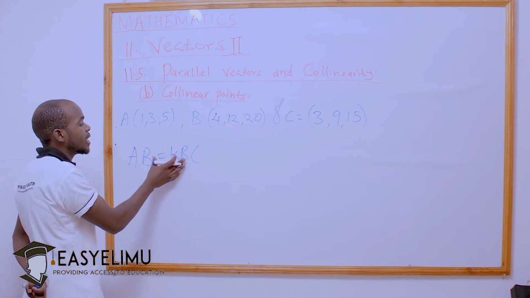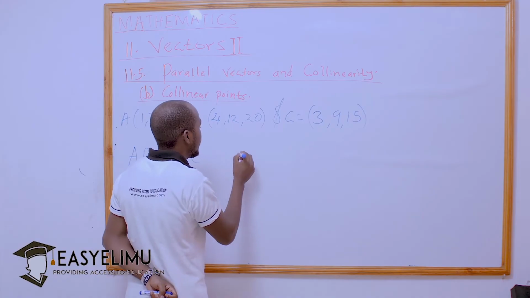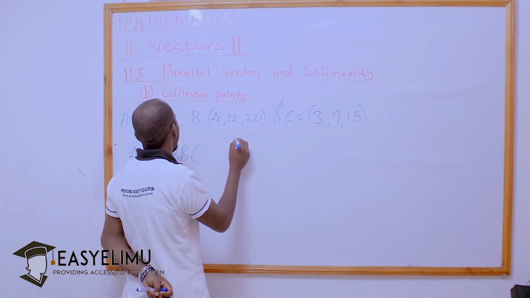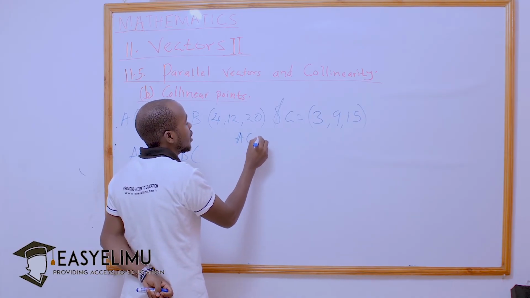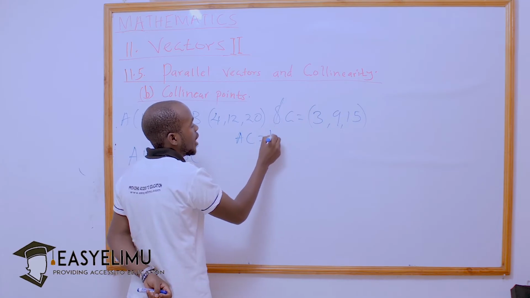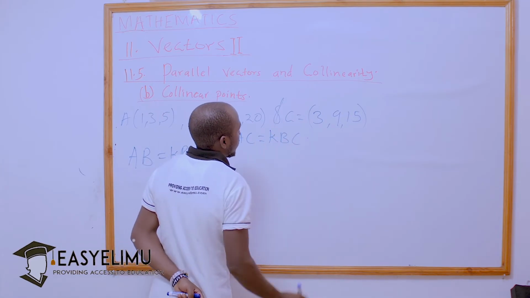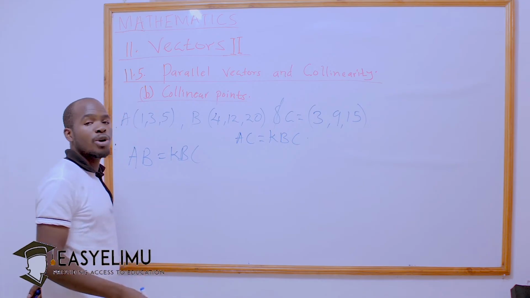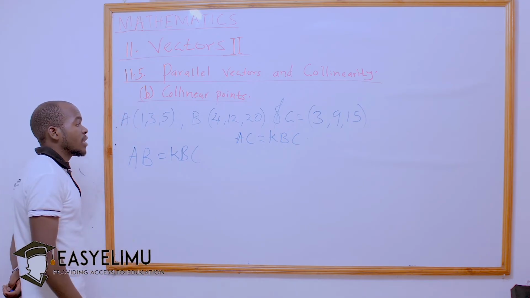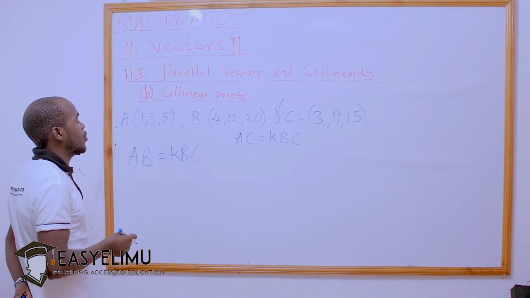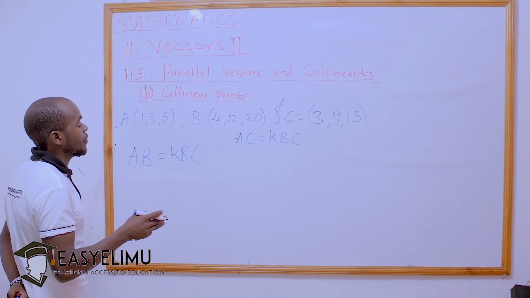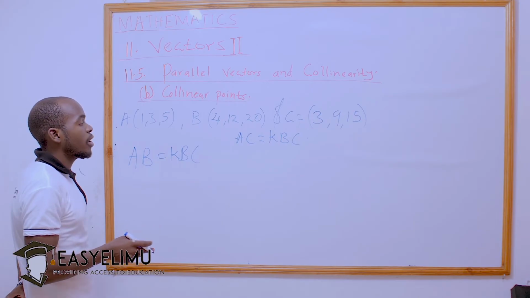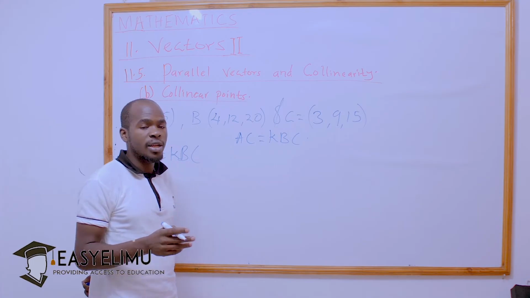Or someone may decide to take another route, whereby he will say AC is equal to KBC, such that C is the common point between them. It still gives you the same value, even if K will not be the same.